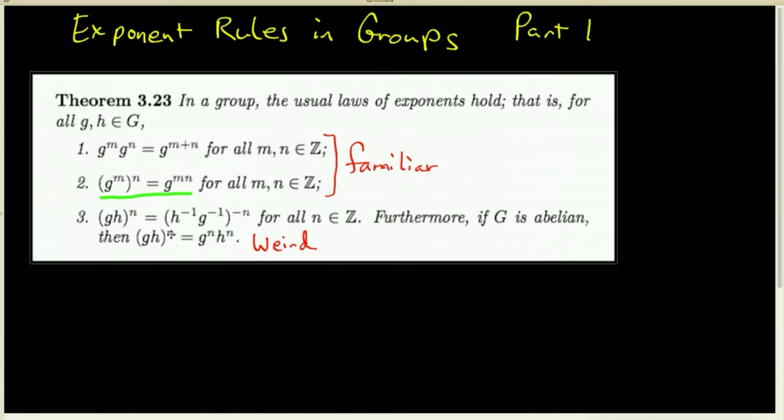In other words, the proof of this theorem when n and m are both positive is actually very easy. The more difficult part of the proof is how do we handle proving these formulas work if one or both of n and m are negative. And in order to do that, we have to prove the following lemma.